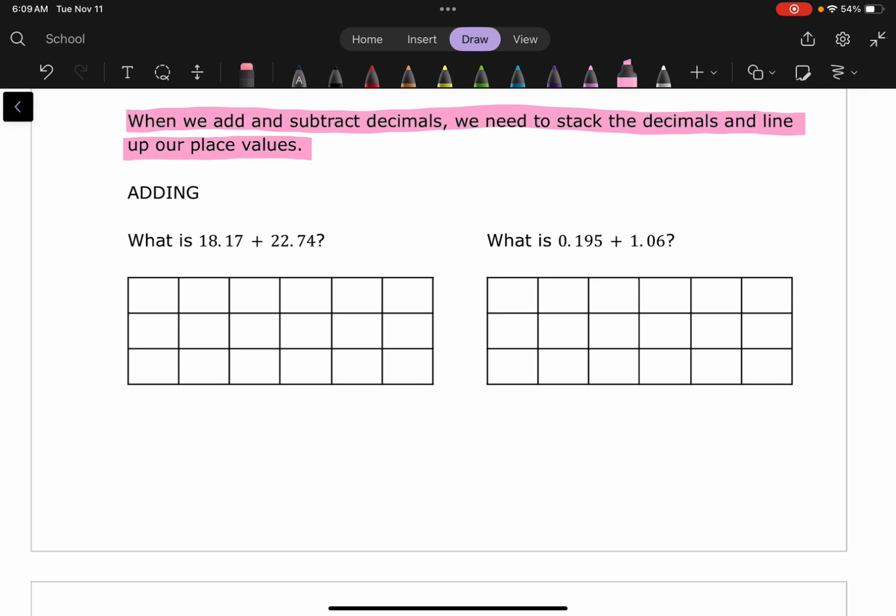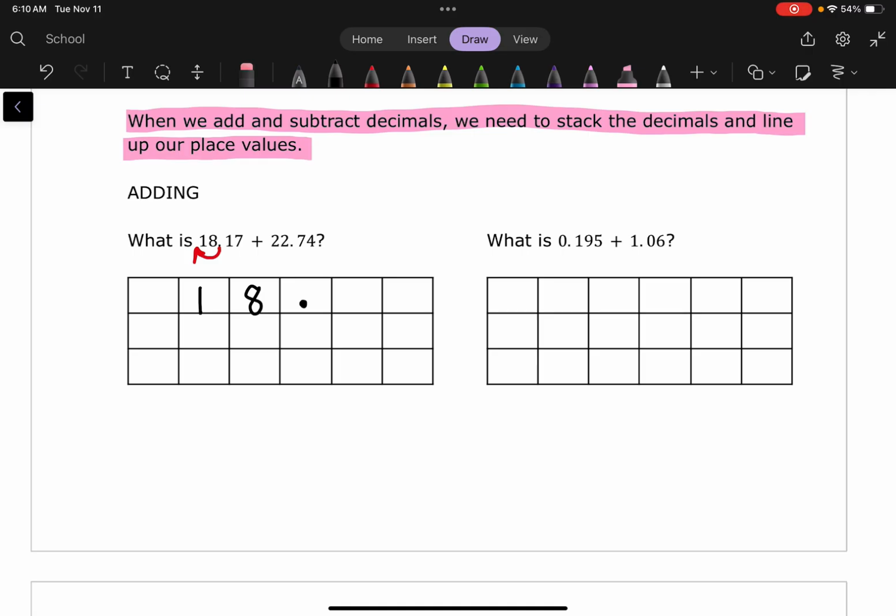Okay, so this is how I do it, and this is how I am teaching it. When you do it, I like to put in my decimal, and then I look on the right side of my number, and I say, what's on the right side of my number? Well, 18. Okay, I'm going to put each number in its own box.